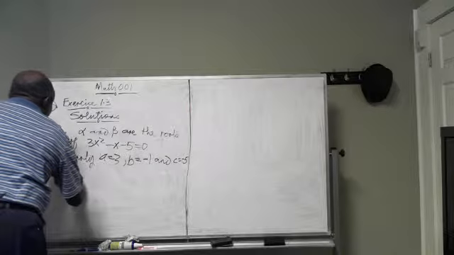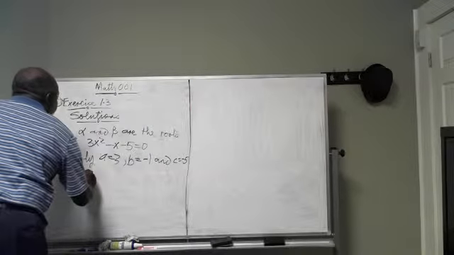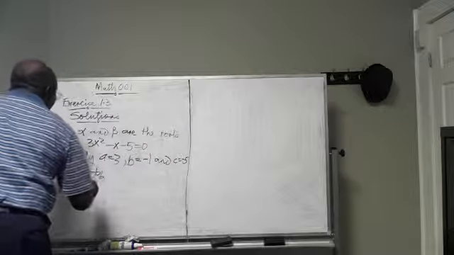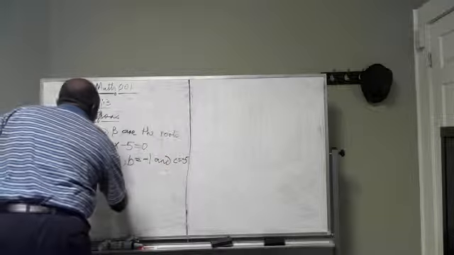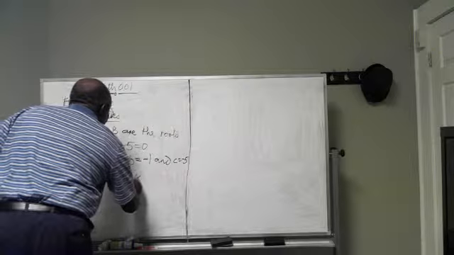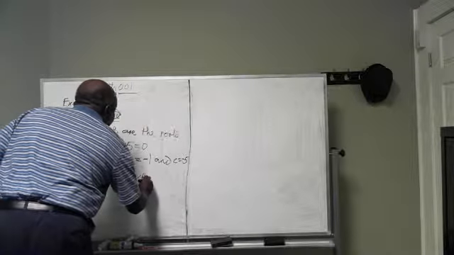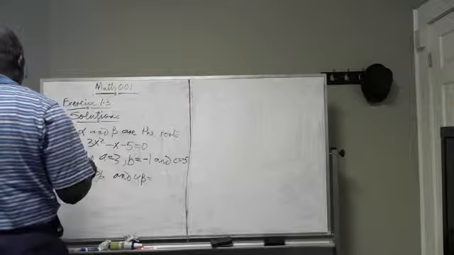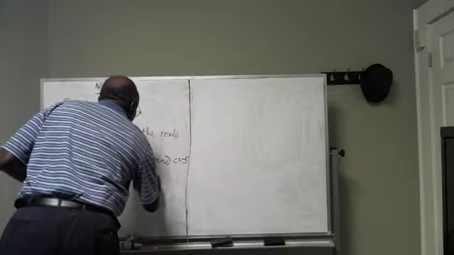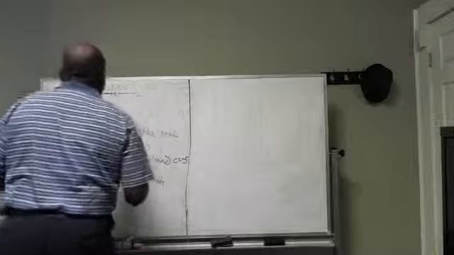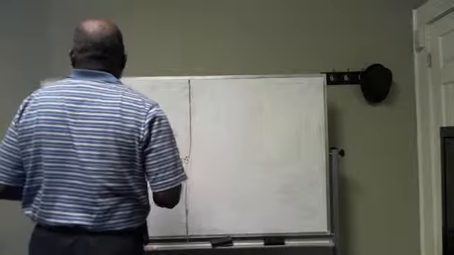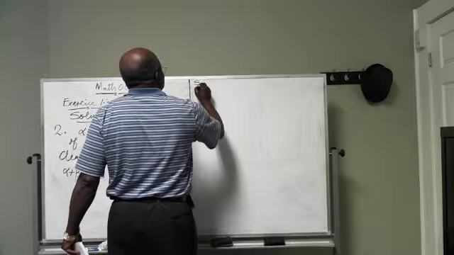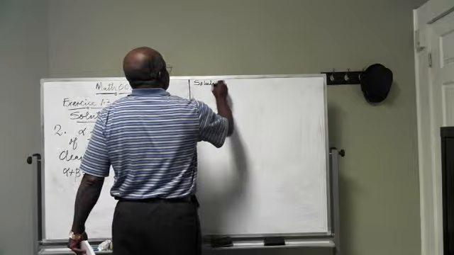Alpha plus beta equals minus b over a, and alpha beta equals c over a. Solution to problem 2 continues.